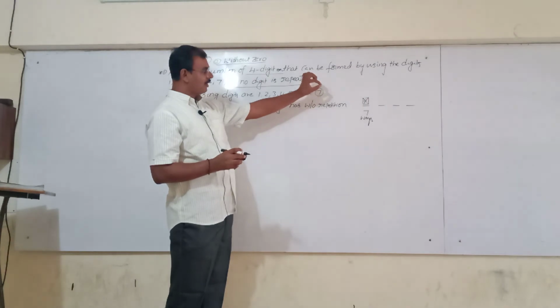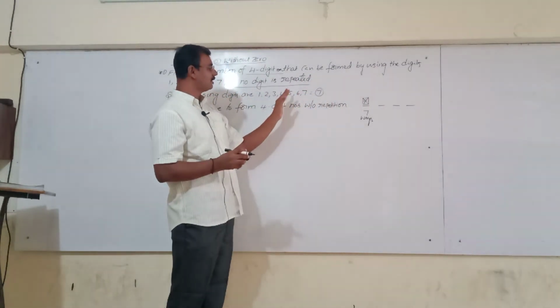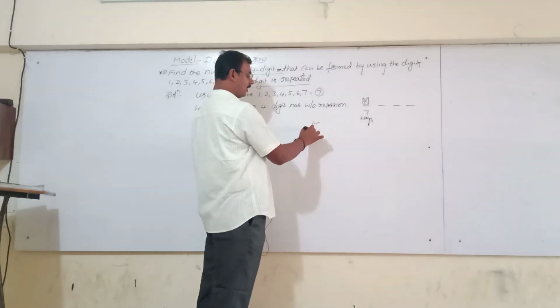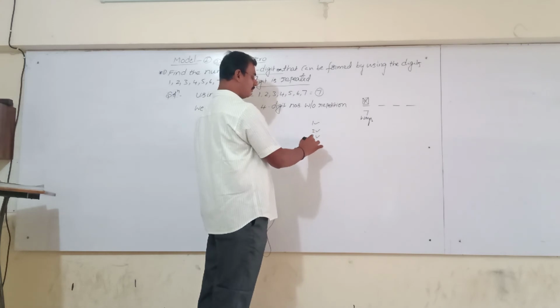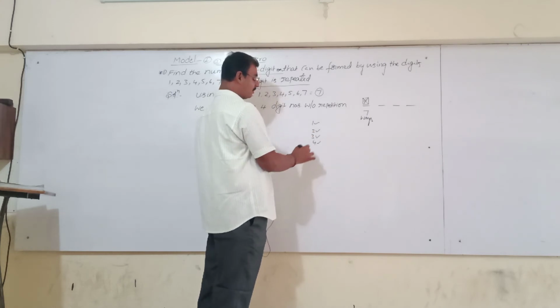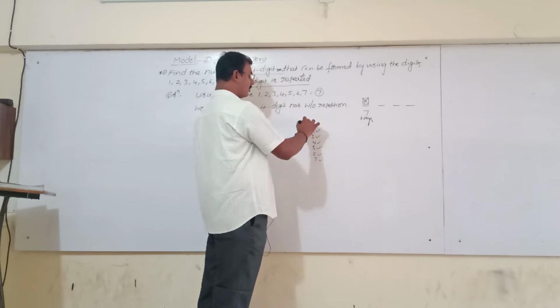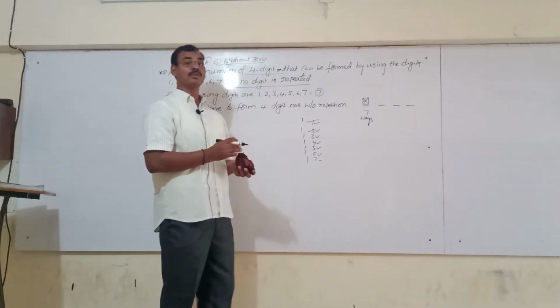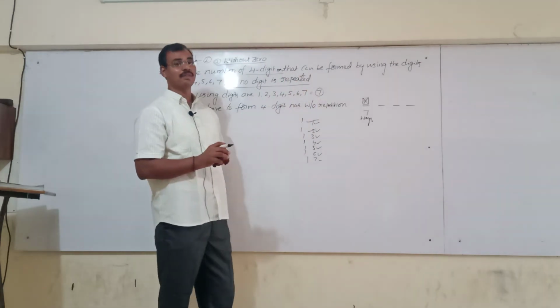These 7 numbers are the chances: 1 is one possibility, 2 second, 3 third, 4 fourth, 5 fifth, 6, 7. Total 7 possibilities. So in the first place there are 7 ways.